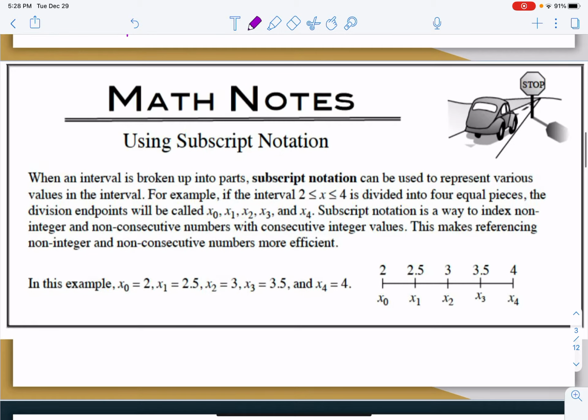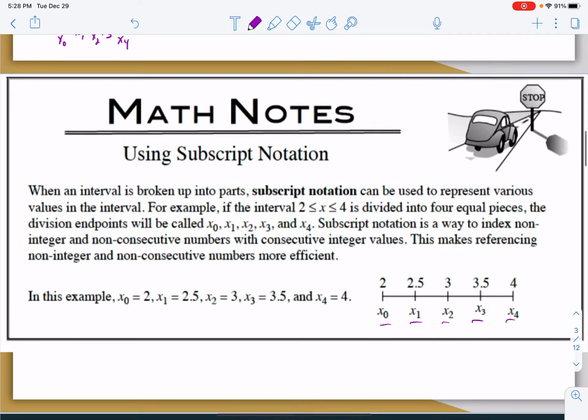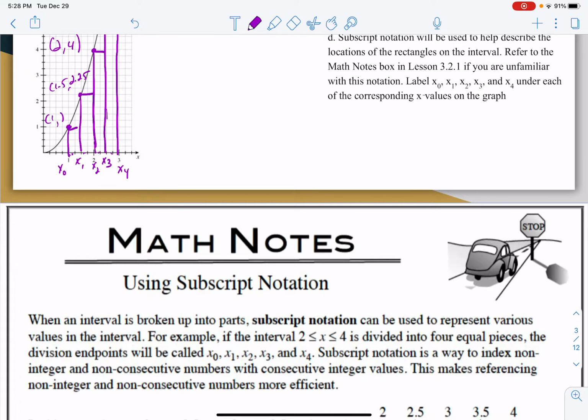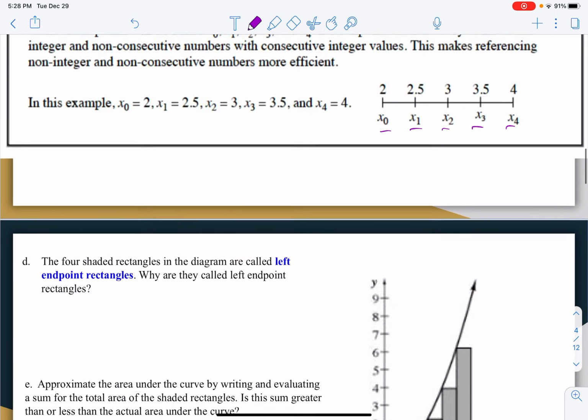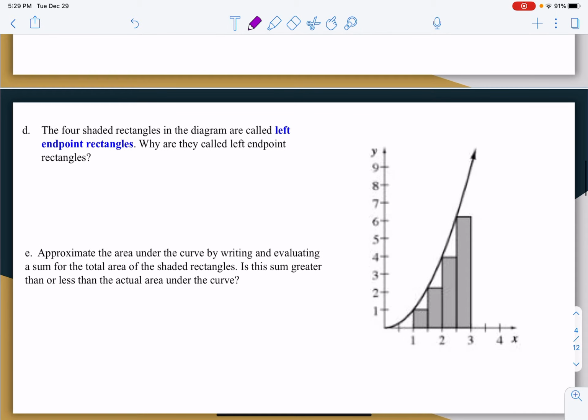Subscript notation, we learned in an earlier section, is used to represent various values on the interval. So again, we're going to label those x values using subscript notation. And the 4 shaded rectangles in the diagram are called left endpoint rectangles because it's the left edge of the rectangle that touches the curve.